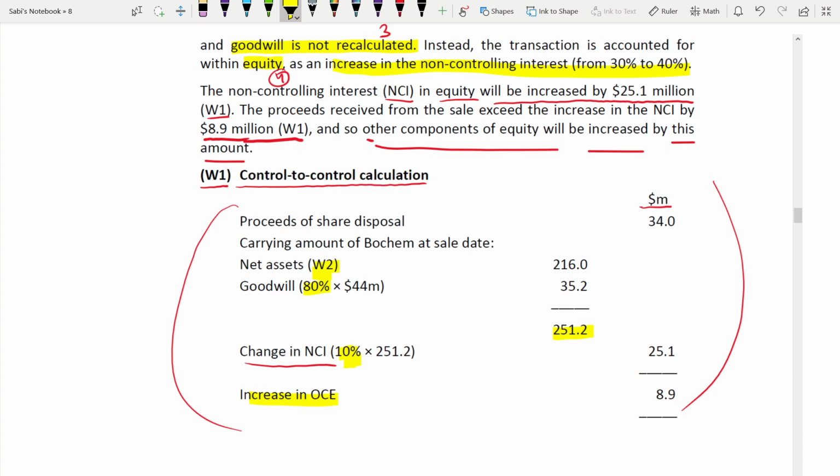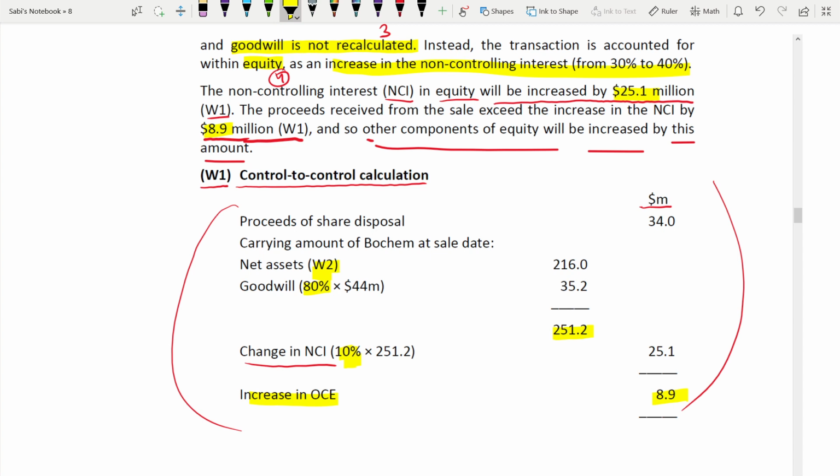It is not the share capital which increased, and it does not come in the retained earnings. It will go in the other components of equity in the statement of financial position. 8.9. So this is your increase in OCE. That's what they have told here, 8.9, and that's what they have told here also. NCI. So equity will increase by 25.1 and also here they showed: proceeds received from the sale exit the increase in NCI.